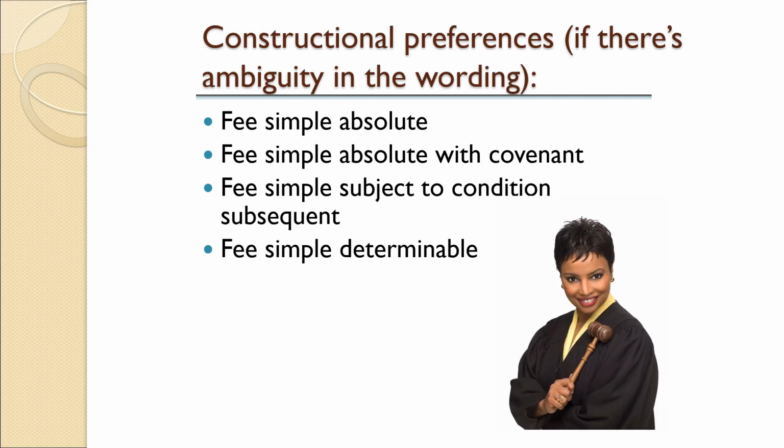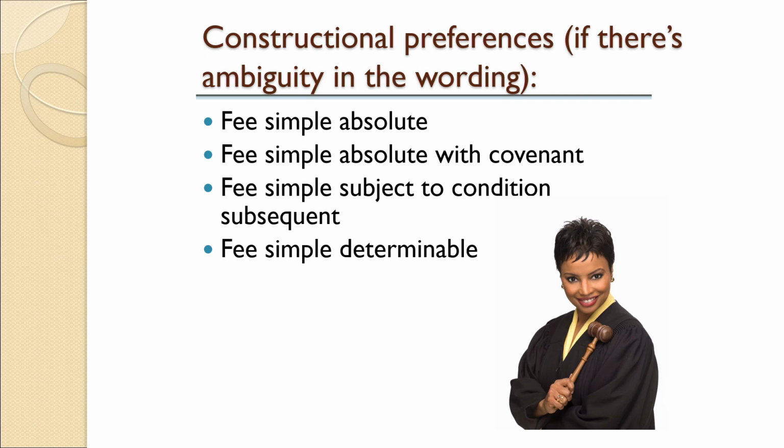With this information in mind, let's go back to the constructional preferences that we looked at on the previous slide. If the goal of the courts in cases of ambiguous wording is to free up titles to land by turning them into fee simple absolutes, then I would suggest that the last two on this list are in the wrong order. That is, that fee simple determinables are preferable to fee simples subject to condition subsequent.